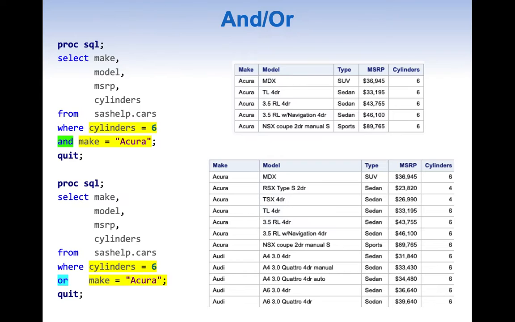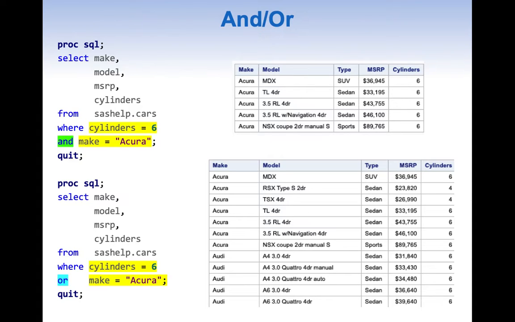Now I have a query here wherein we do PROC SQL select make, model, MSRP, cylinders from SASHELP.CARS, where cylinders equal to 6 and make equal to Acura. So here what we are doing is we are taking two comparison operators.